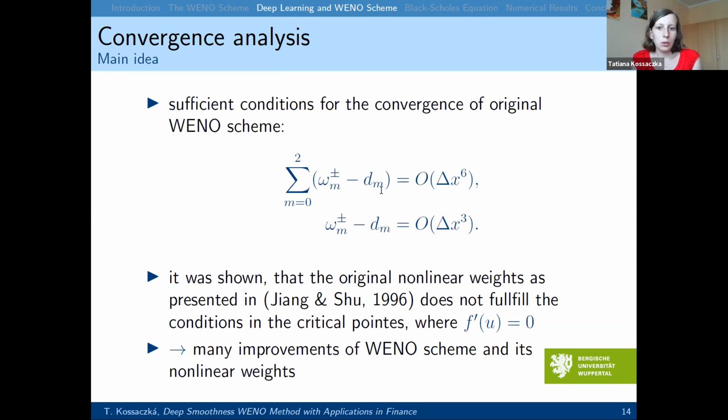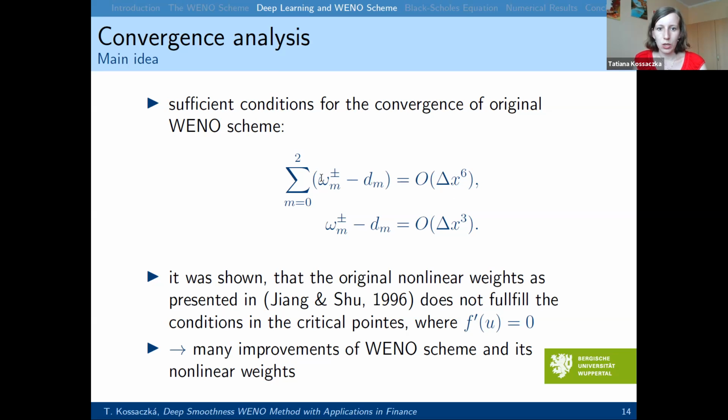Okay, so now I will just tell you something about the idea of the proof of convergence of our new method. As I've just written here, these two conditions are the sufficient conditions for the convergence of the original WENO scheme.